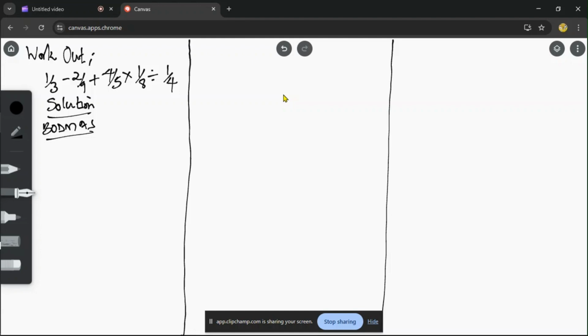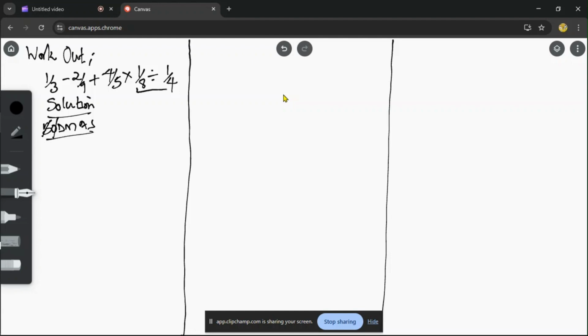So let me follow BODMAS so that I can have the right order of solving this problem. So I ask myself, do I have brackets? No, I do not have brackets. Do I have off? I do not have off. Do I have division? Yes, I have division.